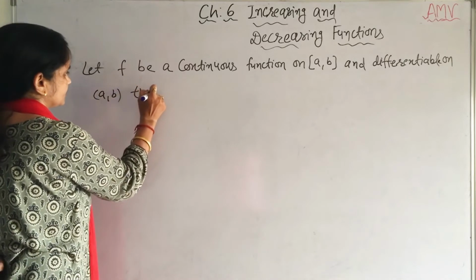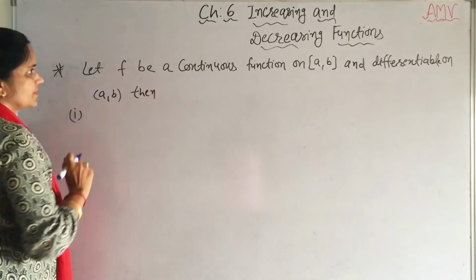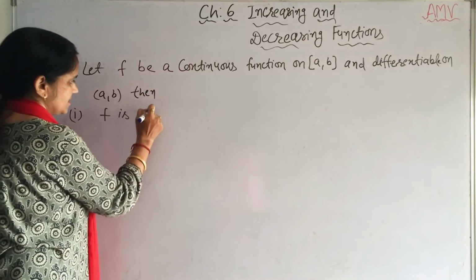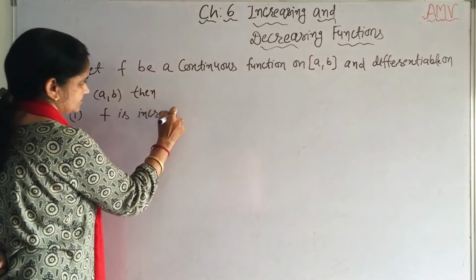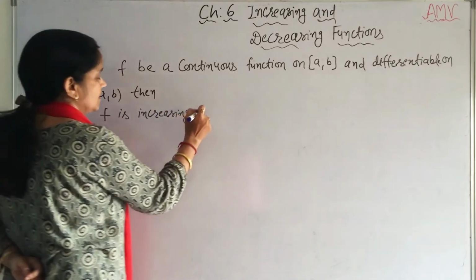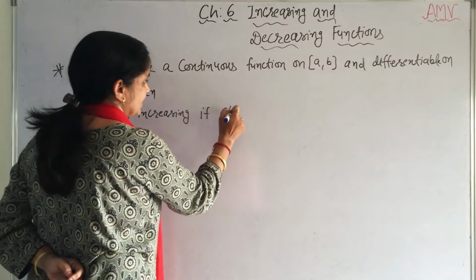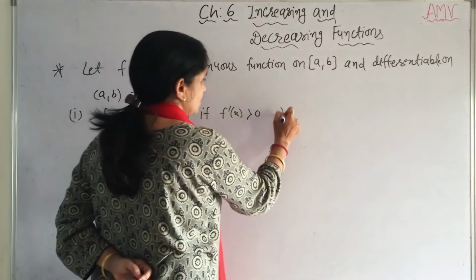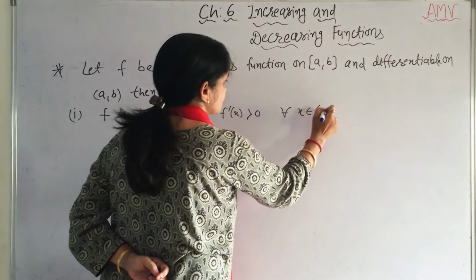Then first, f is increasing if f dash x is greater than 0 for all x belonging to (a, b).